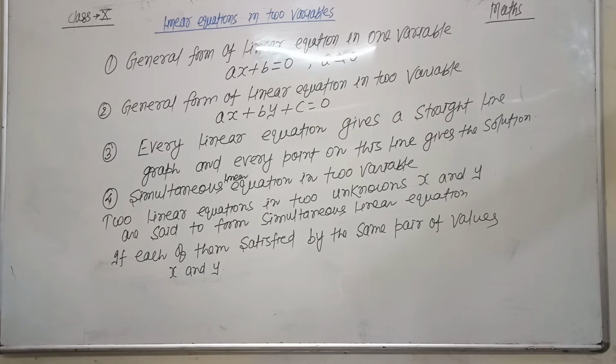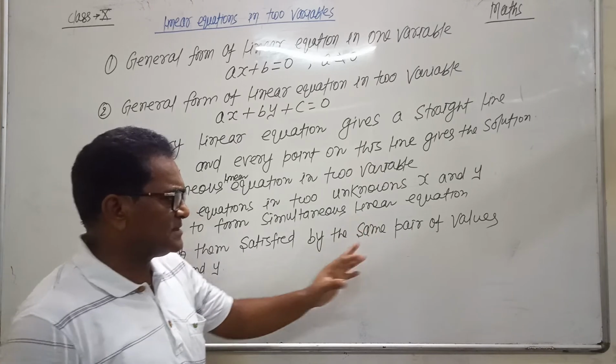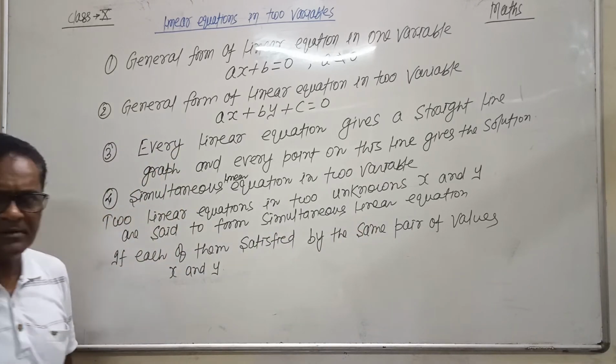What about simultaneous linear equations in two variables? Two linear equations in two unknowns x and y are said to form simultaneous linear equations if each of them is satisfied by the same pair of values x and y.